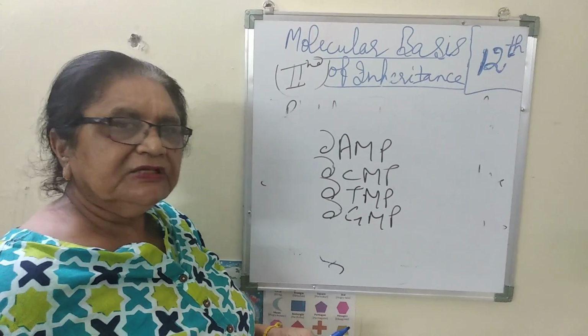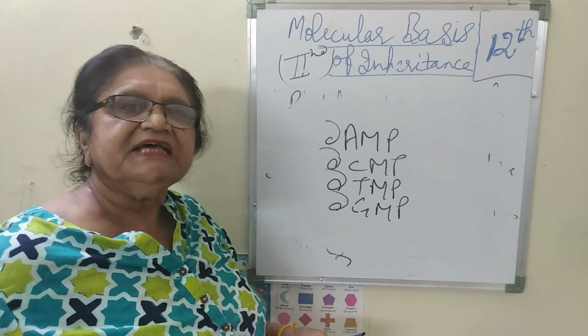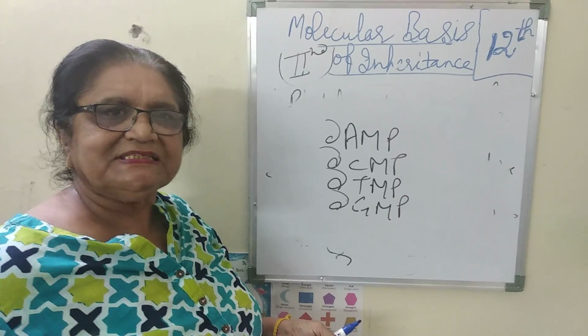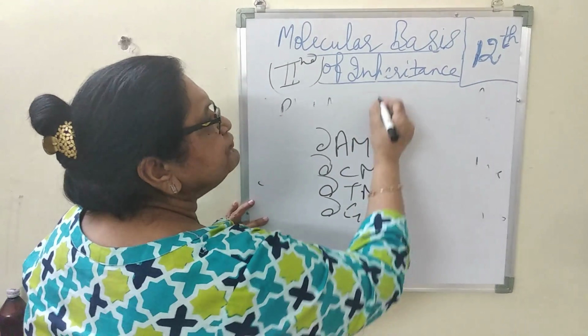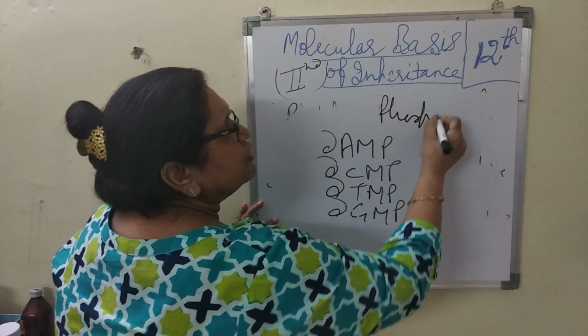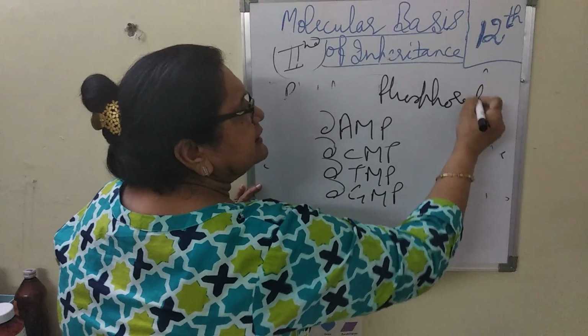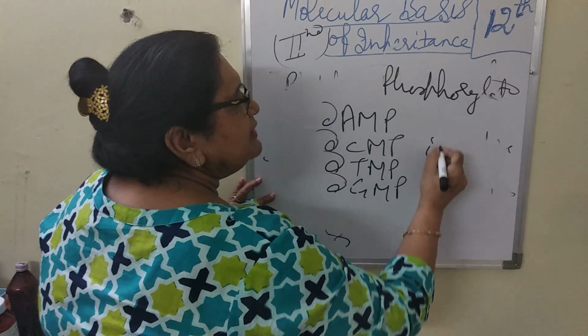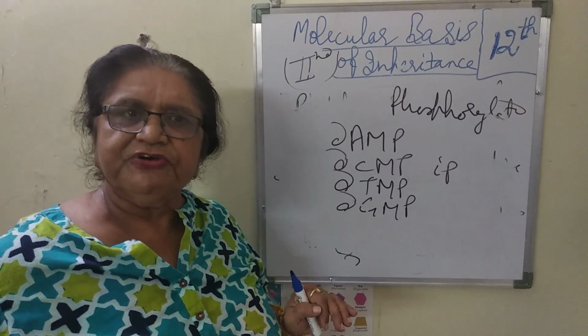Deoxyribonucleotides are present freely in the cytoplasm. So the first step of replication is that they are phosphorylated. Phosphorylated means they combine with inorganic phosphate.